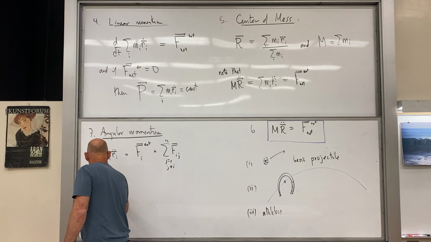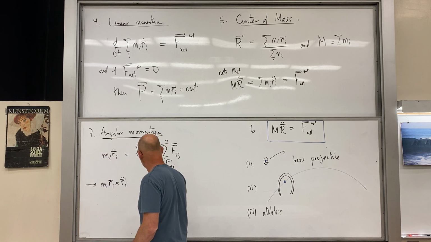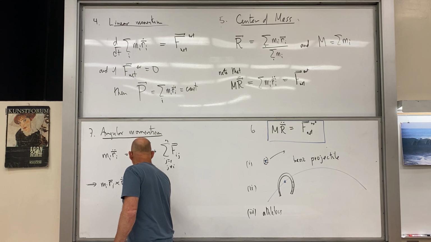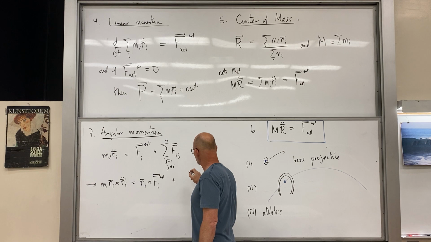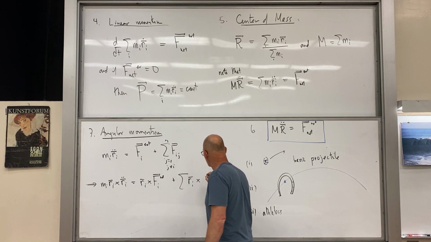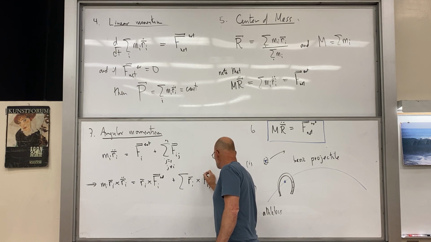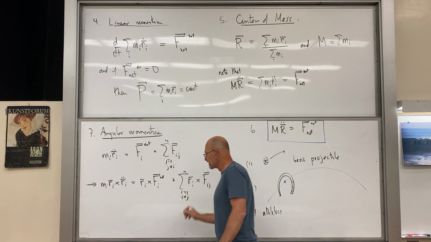So now we're going to have m_i, r_i cross r_i second derivative equals r_i cross external F_i, and then we're going to sum over r_i cross F_ij of the internal forces, i equals 1 to n, i not equal to j.